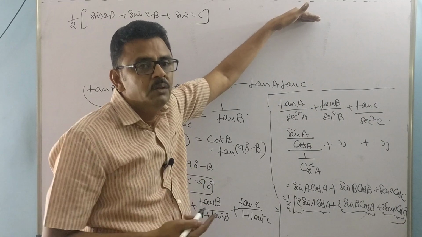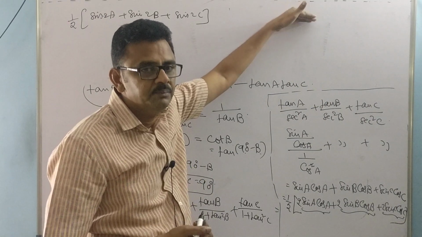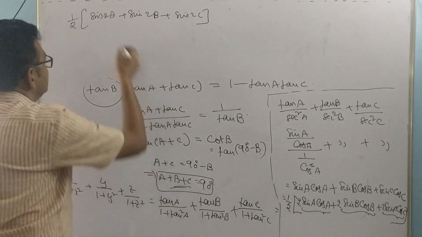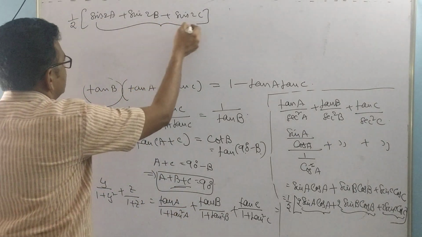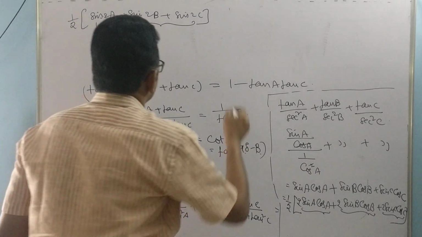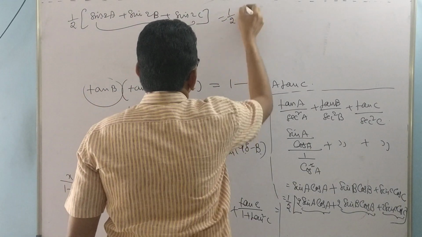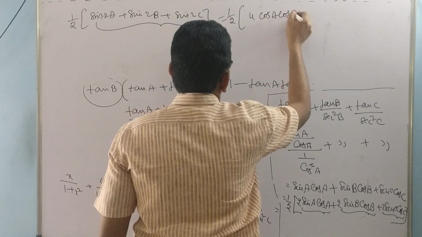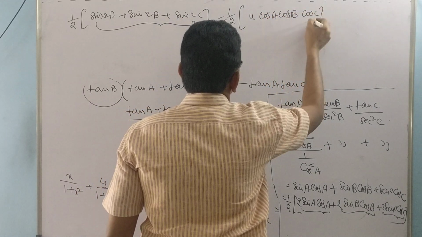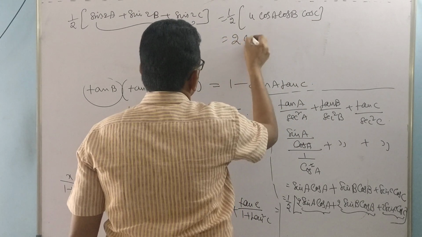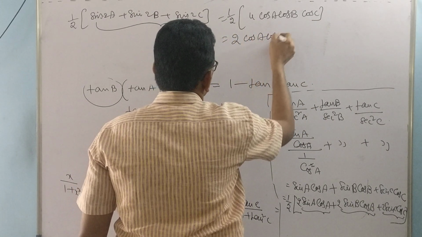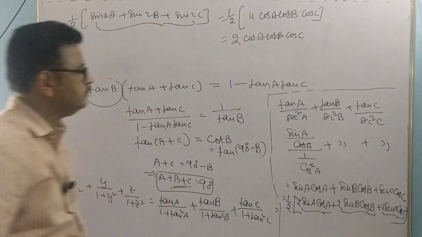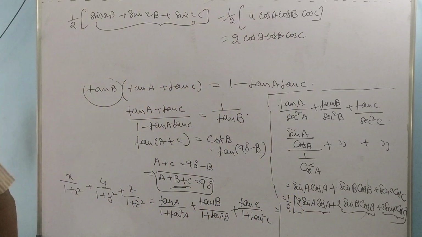What is the previous sum? 4 cos A cos B cos C. If A plus B plus C equal to 90 degrees, then the value of sin 2A plus sin 2B plus sin 2C is 4 cos A cos B cos C. So this is 1 by 2 of 4 cos A cos B cos C. That is 2 cos A cos B cos C.